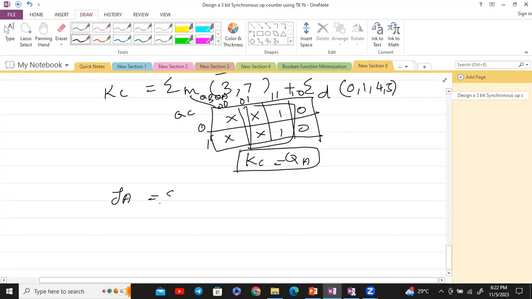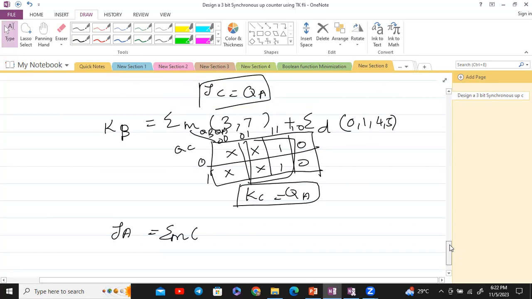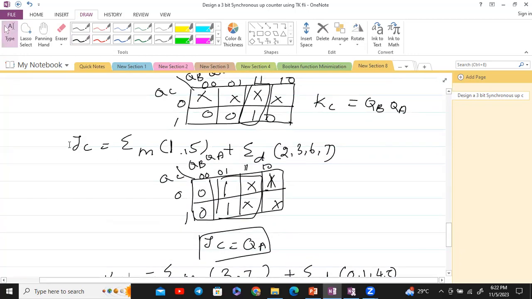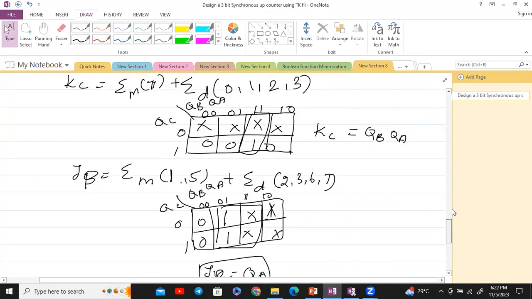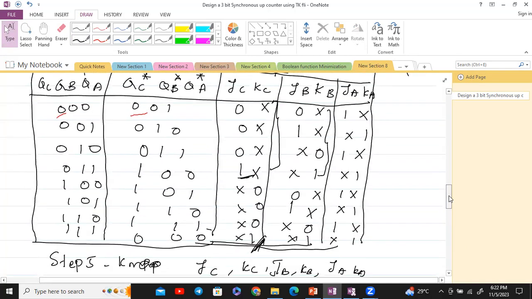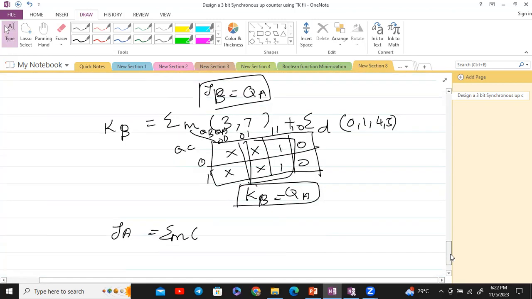JA is equal to summation M of the terms. What is the last one? JA, KA. JA has alternatively 0, 2, 4, 6, and the remaining terms you have as don't care.